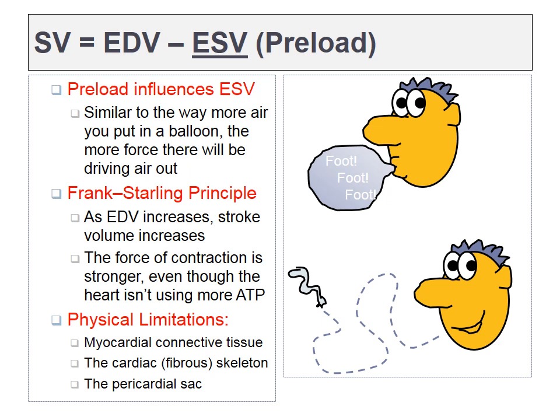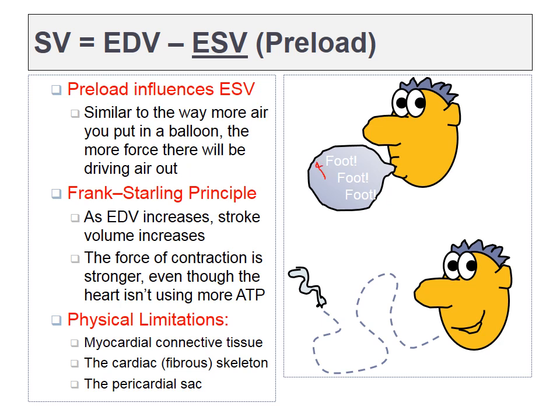As a metaphor, if you were to fill up a balloon with a little bit of air and then release it, the air would escape from that balloon, but not very fast. But if you fill that balloon up with a lot of air, and it's under more force, and then you let go, the air will escape from that balloon much more quickly. And the same thing happens to blood in the ventricles.